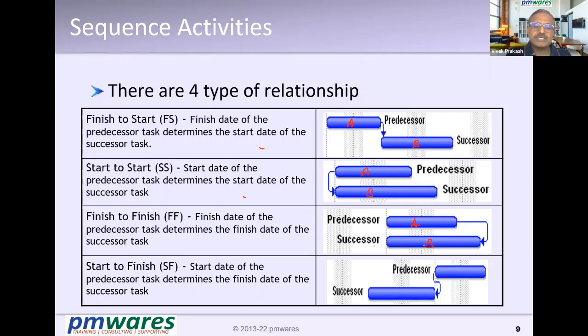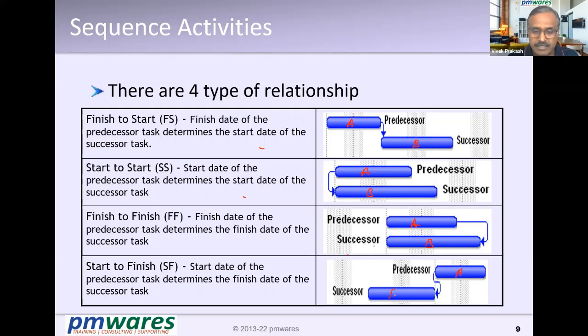And the last one is start to finish, just the opposite of the first one. What was the first one? As soon as A finishes, B can start, or B will start when A finishes. In the case of the last one, SF, B is going on.